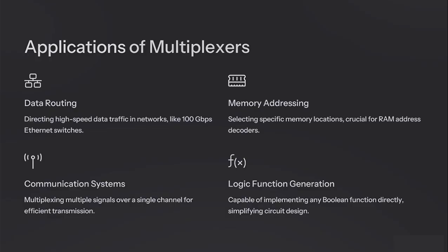It's also used for memory addressing, selecting specific memory locations for crucial RAM addresses, decoders, communication systems, multiplexing multiple signals over a single channel for efficient transmission, and logic function generation, capable of implementing any Boolean function, directly simplifying circuit design.